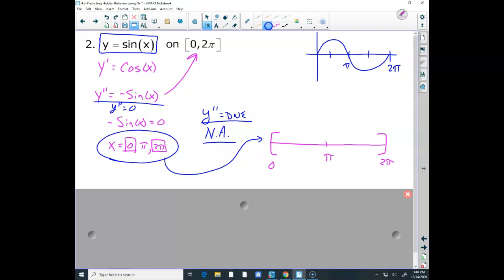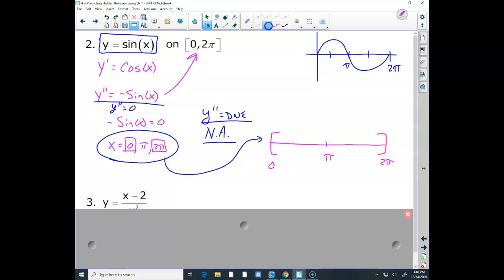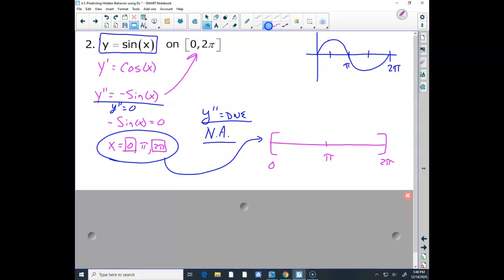So then what I've got to do is test this point out, okay? I'm just thinking my second derivative is negative sine x. So I need to pick a point within the interval from 0 to pi. What would be a good one to pick? How about pi over 2?